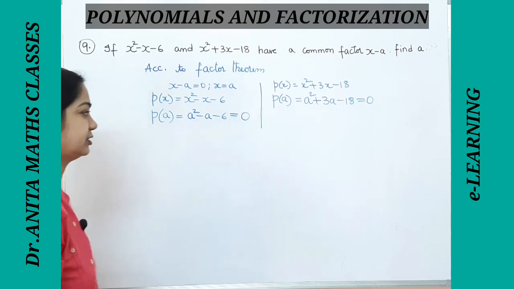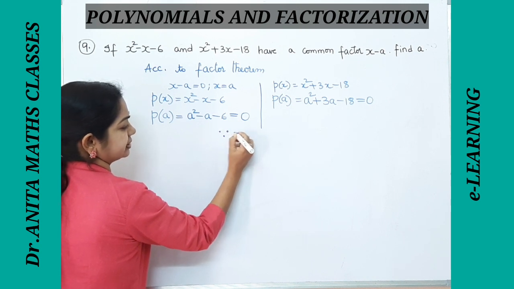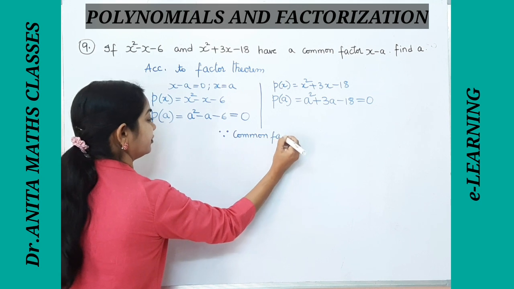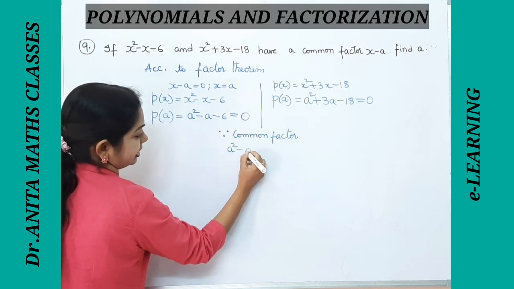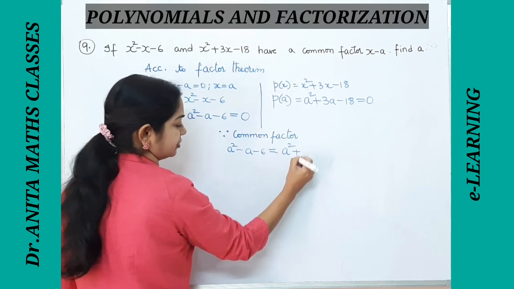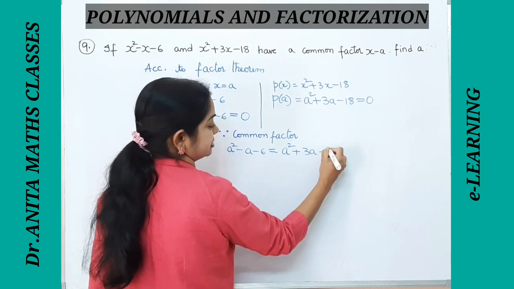So I can equate these two: a square minus a minus 6 equal to a square plus 3a minus 18.